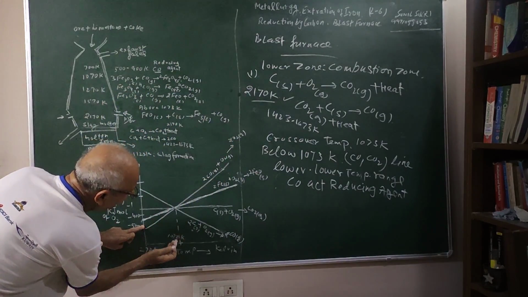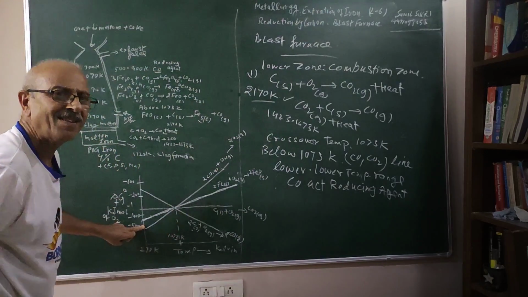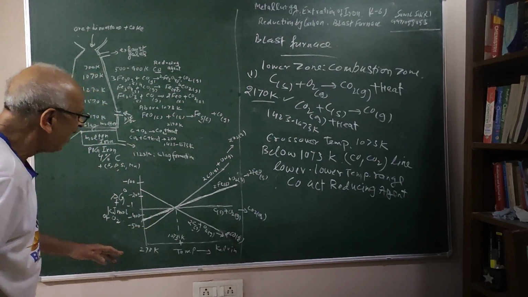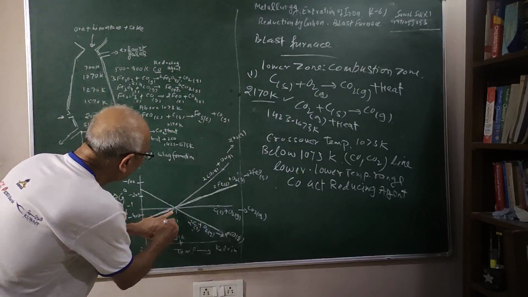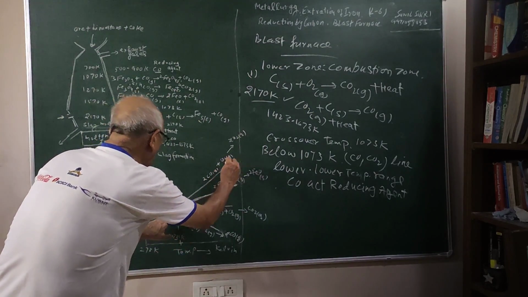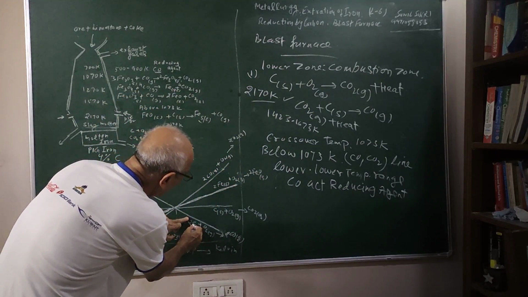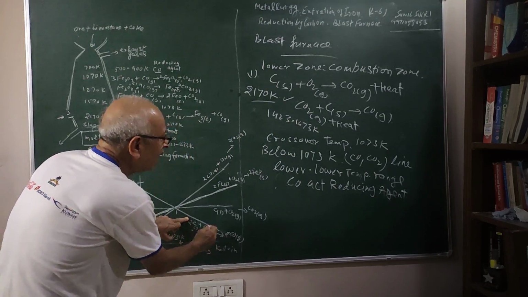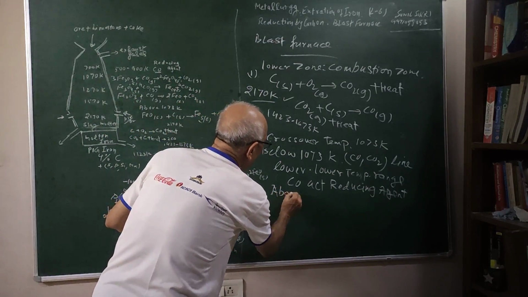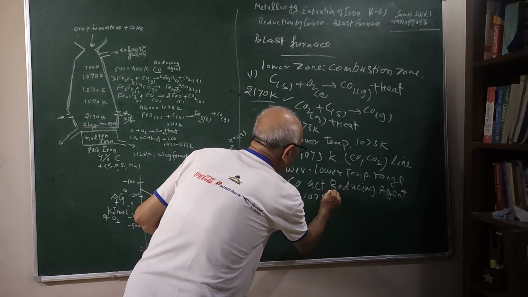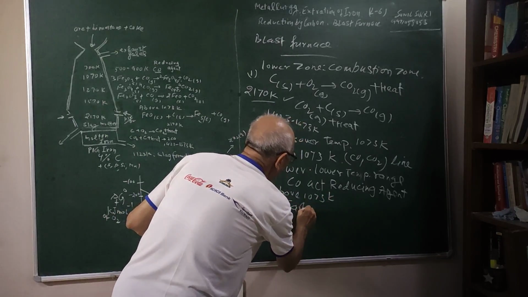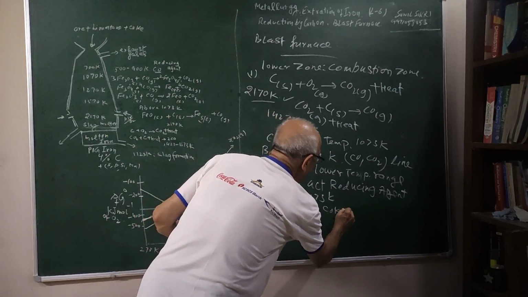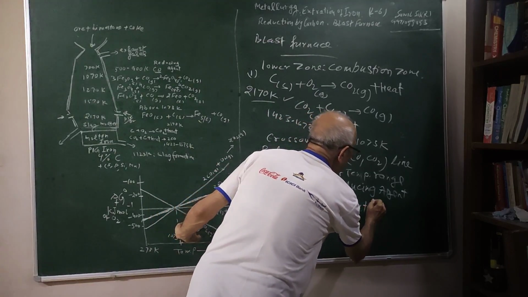Therefore, below 1073, carbon monoxide will act as a reducing agent, and above 1073, you see what happens? This line goes up, and the line of coke or carbon becomes lower. So above 1073 Kelvin, the carbon or coke will act as a reducing agent.